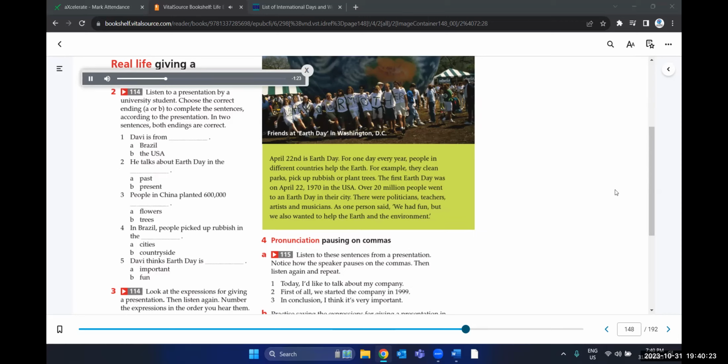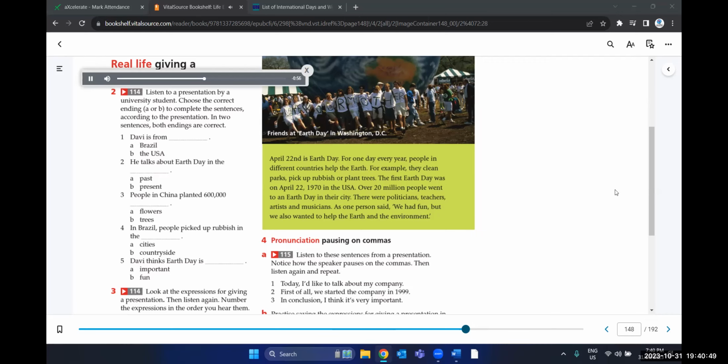Over 20 million people went to Earth Day in different cities across the USA. There were politicians, teachers, artists, and musicians. Since that day in 1970, Earth Day has become famous all over the world.